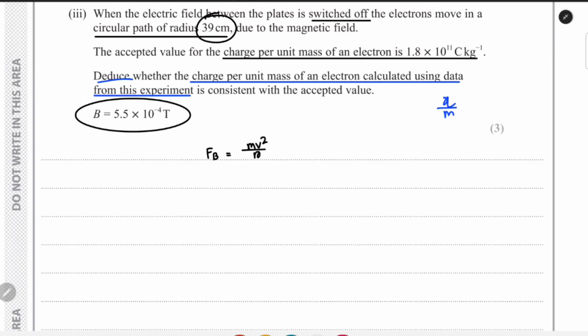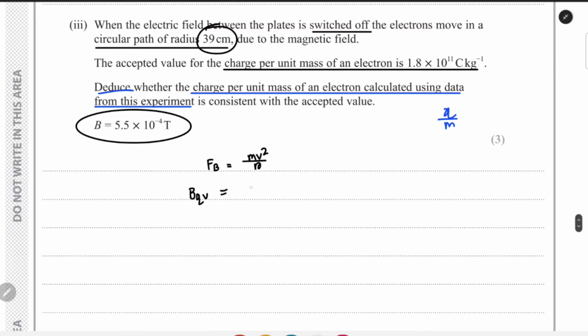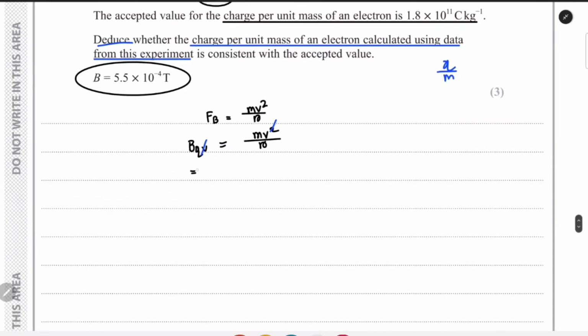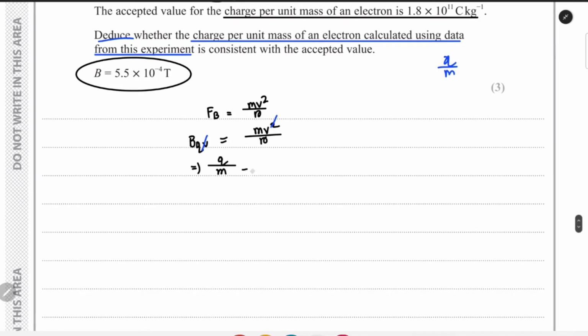So BQV will be equal to mv squared by r. I can cancel a v from both sides. I'm left with BQ equals mv by r. I want to make Q by M the subject, so I'll move the mass to the left, so I'll have Q by M on the left. I'll move the B to the right, so on the right, I'll be left with v divided by Br.